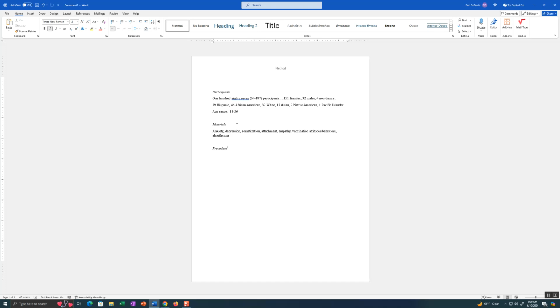Now, these are well-established scales. I'm using well-established scales here. I use the Toronto Empathy Scale. These are all well-established. So there's nothing here I'm making up except for the questions about vaccination attitudes, because there really isn't a well-defined set of questions that compose a scale or a subscale on this. This is all new.